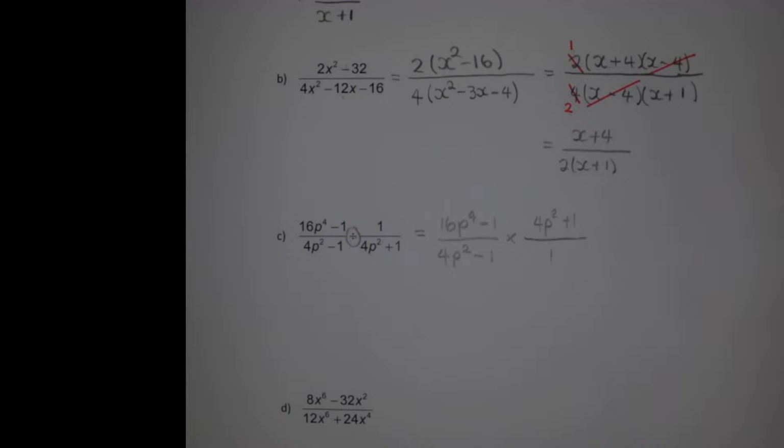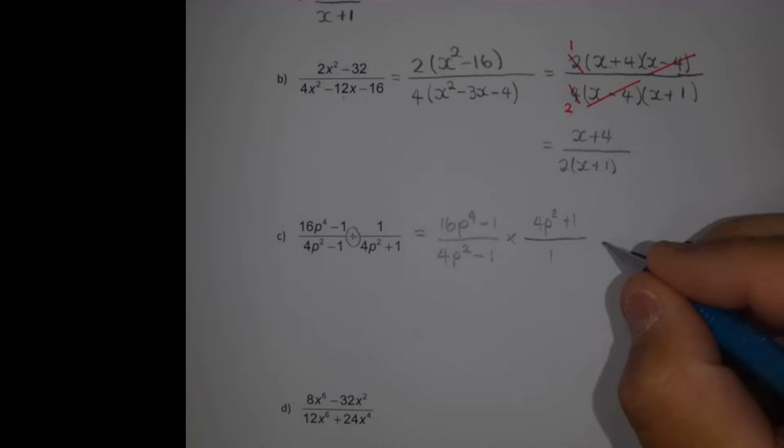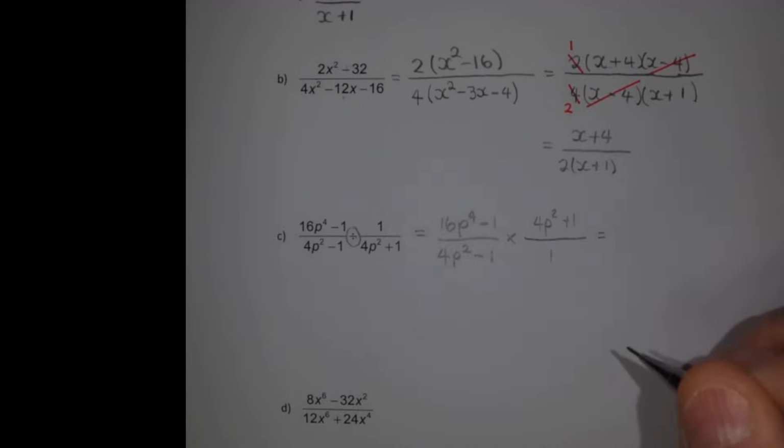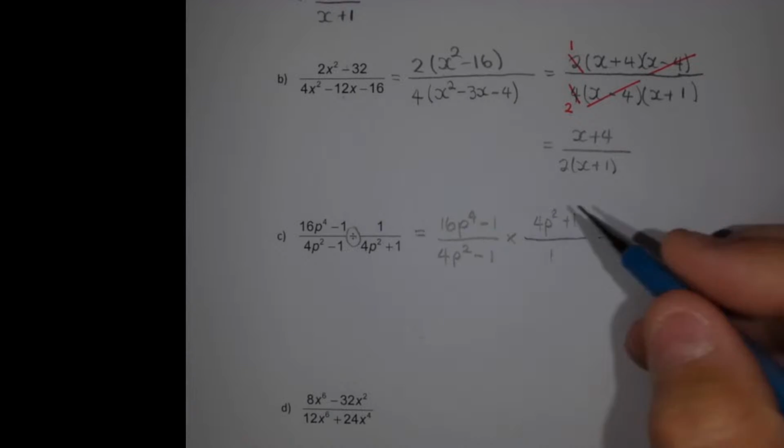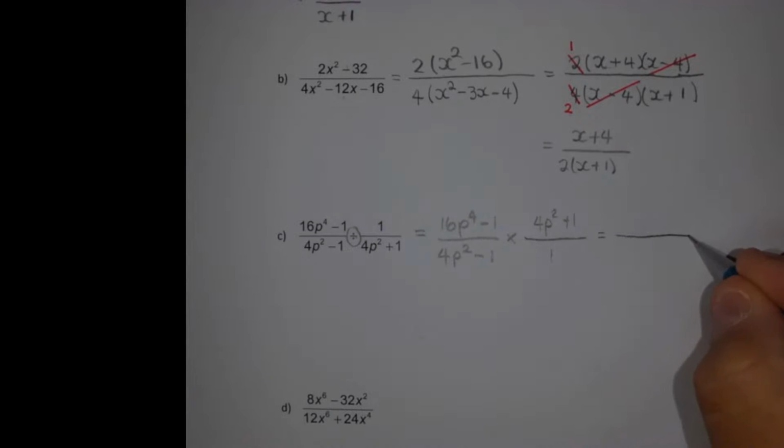Now that I've got that, I can proceed to factorize all my expressions. In my numerator, when I look at this, there is no common factor. The only way it could be factorized is if it is a difference of two squares.